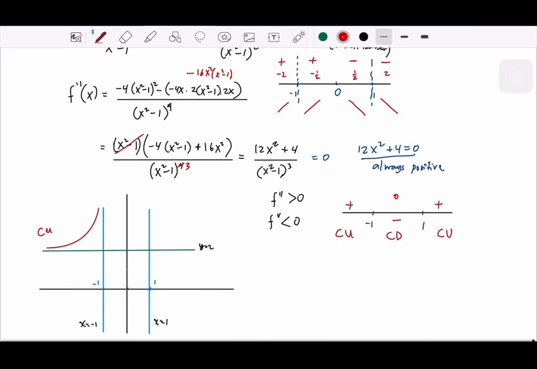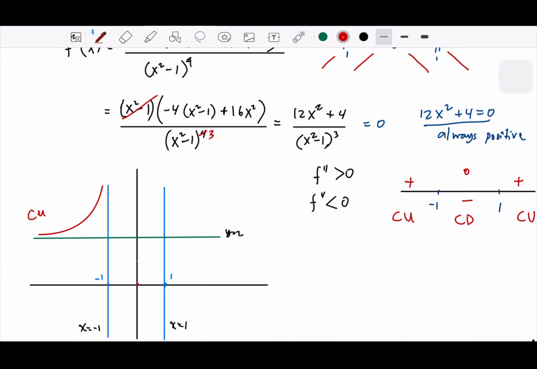And from the first derivative, it's going to be increasing, then decreasing. Okay, increasing but decreasing. So the most possible way is to make it going through here and decreasing here.